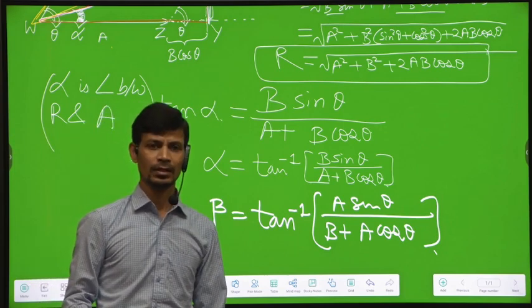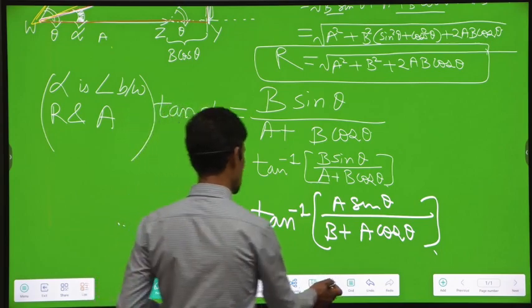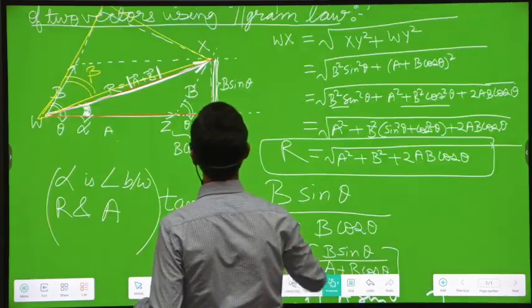So this is how we can derive it, and as I told you, the same derivation you can do using the triangle law.